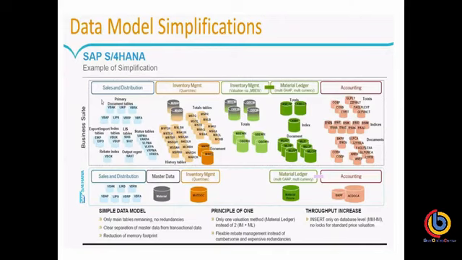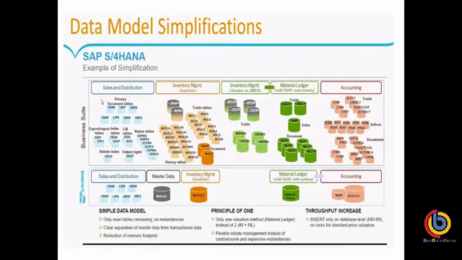For example, the VBAK table earlier stored just the header information of the sales order. Now, in S/4HANA, it stores the header along with the status and everything, which means it consists of a huge number of fields.